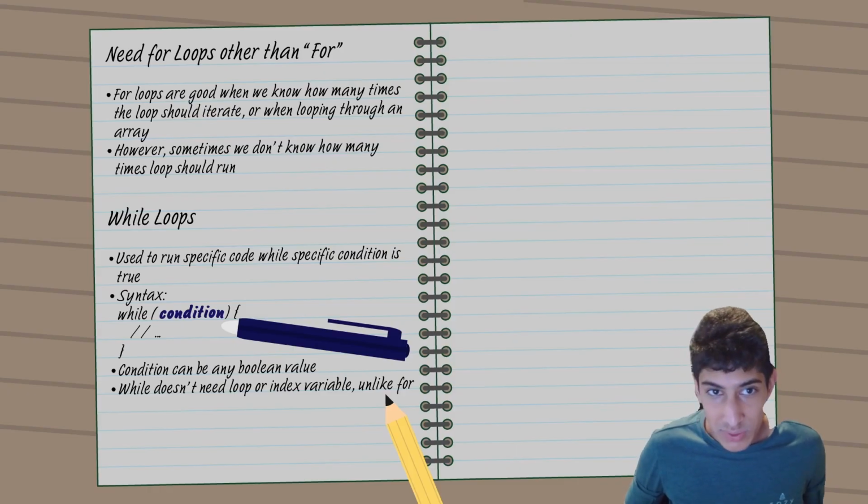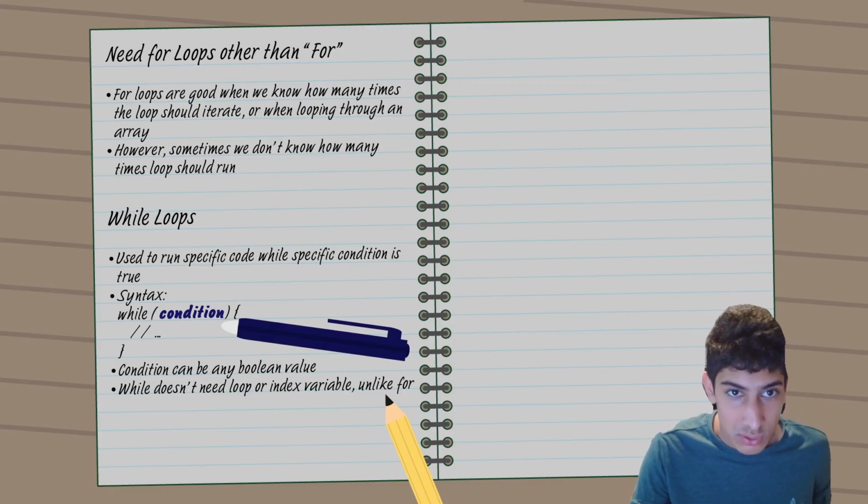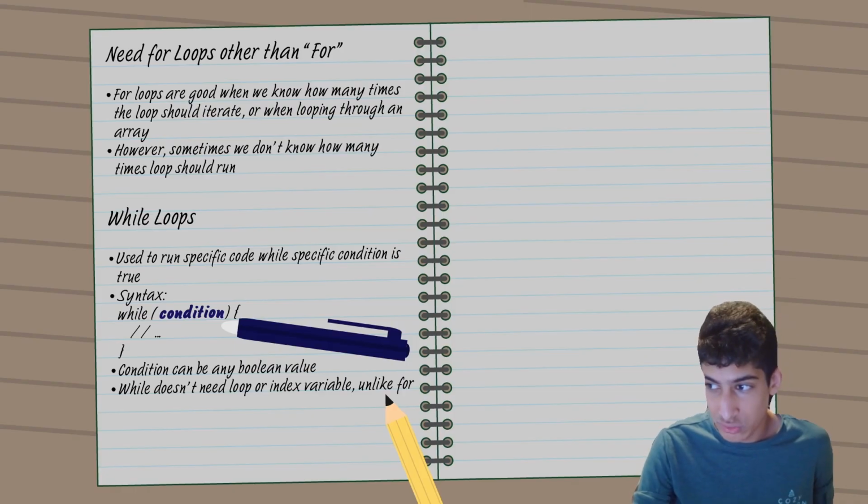And the condition can be any Boolean value, just like the for loops that we showed in the previous video. But unlike a for loop, it doesn't require an index variable or loop variable to iterate through, making the while loop somewhat more flexible for this kind of situation.